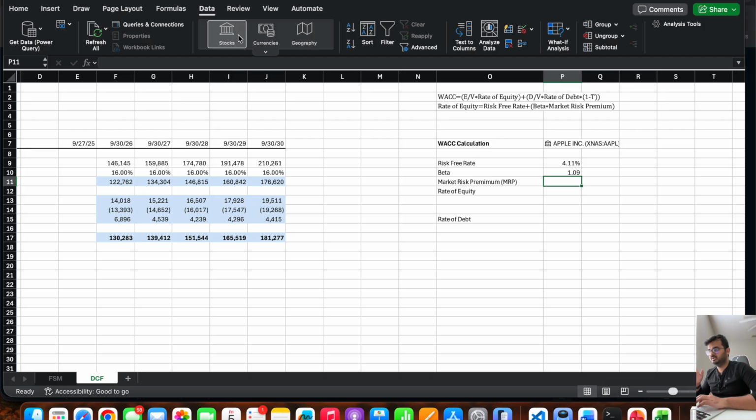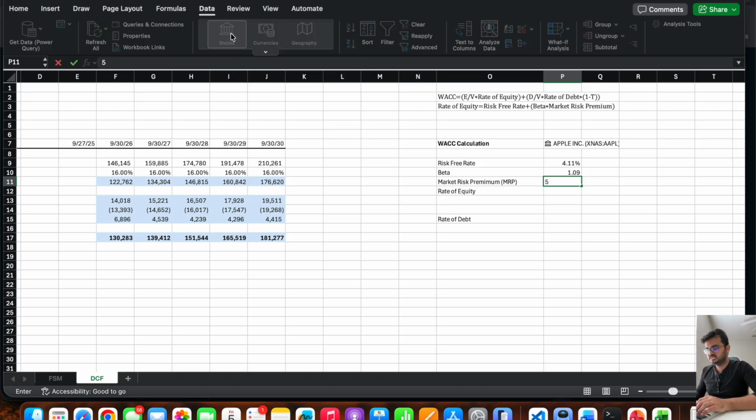But if you don't have this feature in the Excel you're using, that's absolutely fine. You could just copy paste or type in the value from the Google search. Then market risk premium. This is how much additional return you as an investor are expecting. This will be one of the most significant numbers which determines the equity value of a share.